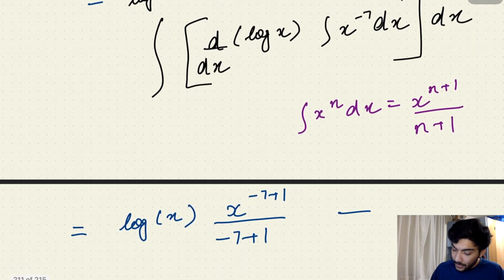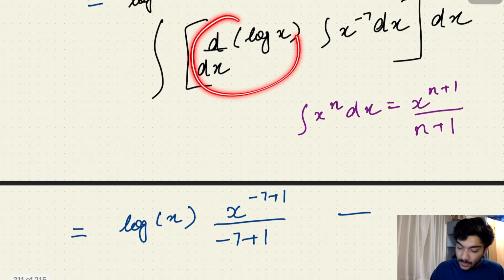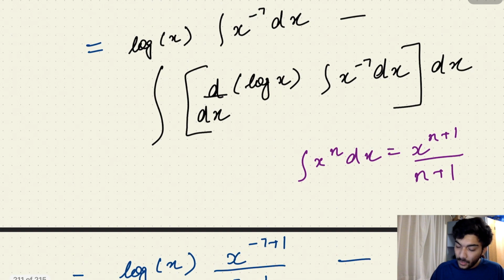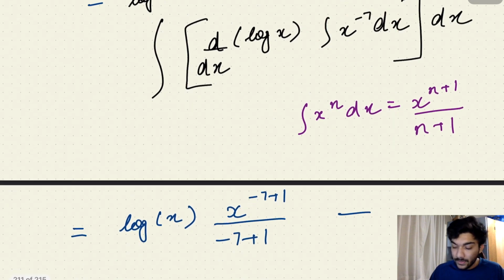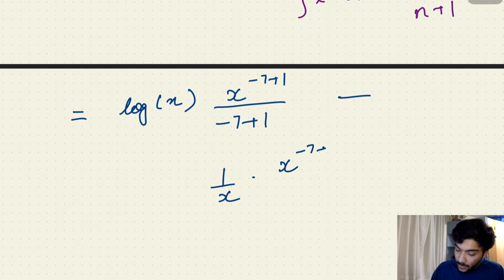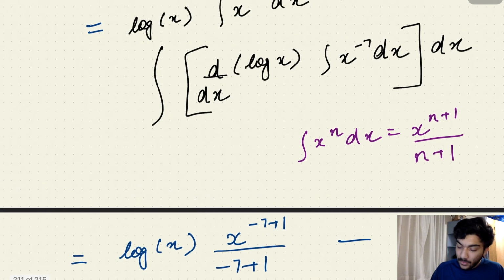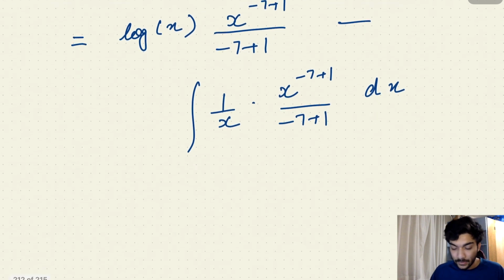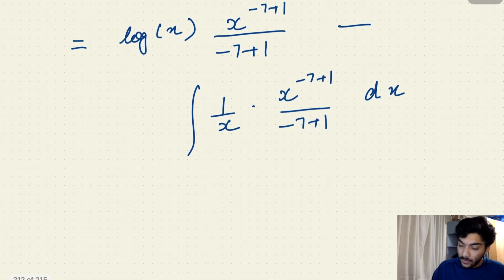Now let's calculate the second expression. So in this case, the derivative of log of x is again 1 over x. The integral of x to the power minus 7 dx is again this one. So let's write it down. It would be x to the power minus 7 plus 1 upon minus 7 plus 1. And then once we are done calculating this expression, we'll take the integral of this whole expression with respect to dx, right? So now let's solve this again.